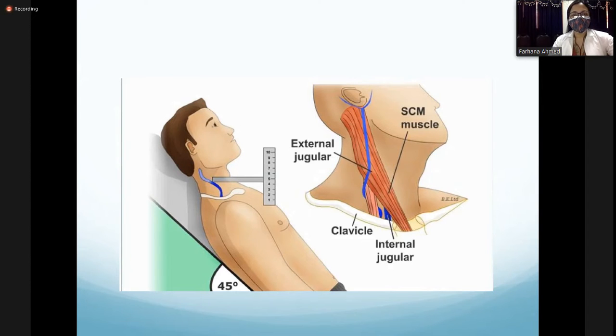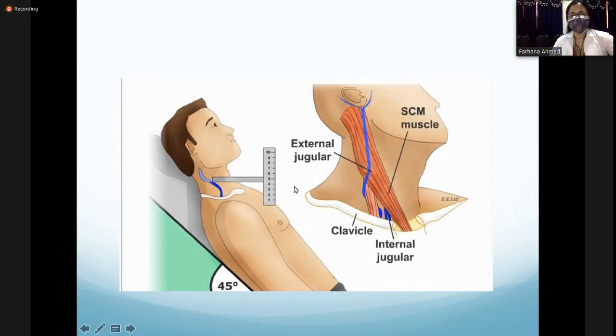Now you need to determine the upper column of the pulsation. For that you need two instruments, two scales or one scale and one pencil or pen, anything.